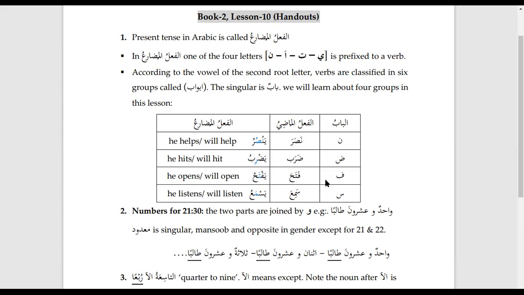And then we have bab fataha, and it is on the pattern of yaftahu. This one has fatha on the second root letter, and similarly samia, the second root letter has fatha, it is yasma'u. Nasara yansuru is used a lot, then daraba, then fataha, then samia. And the other two are not used a lot. That's why the Sheikh did not put them over here.